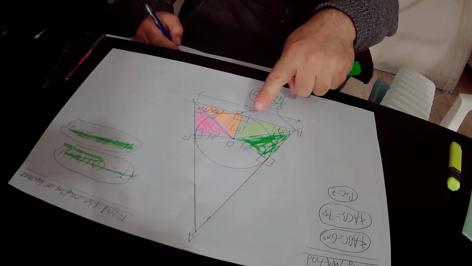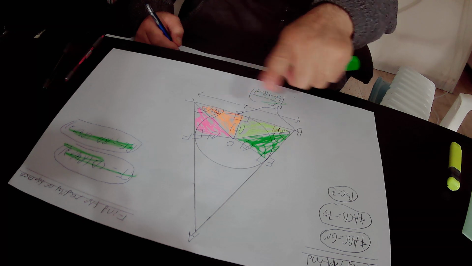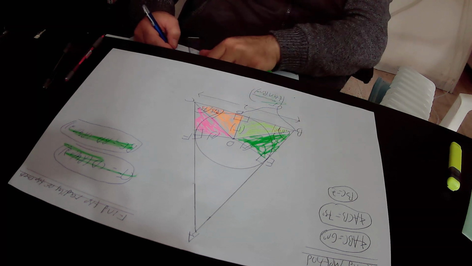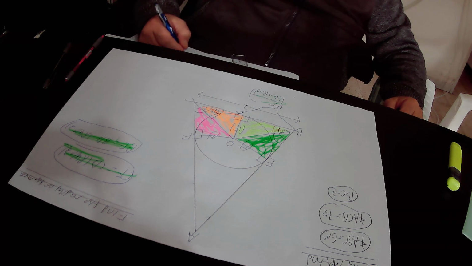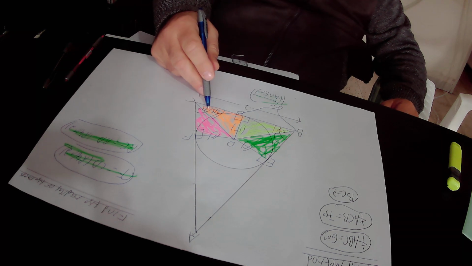Side OD is the radius of this circle, equal to R. And this is angle alpha, equal to 37.5 degrees.